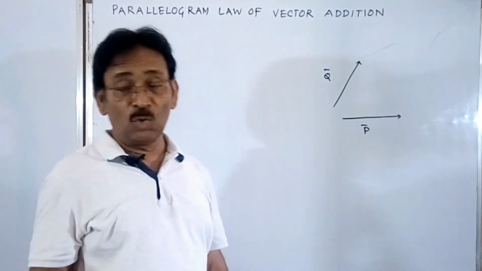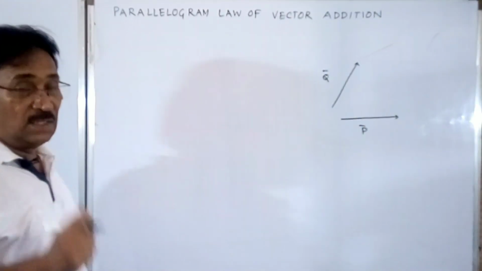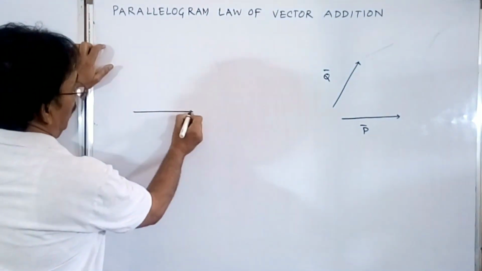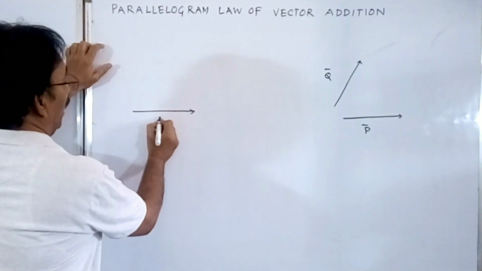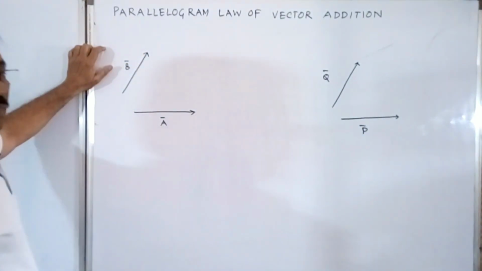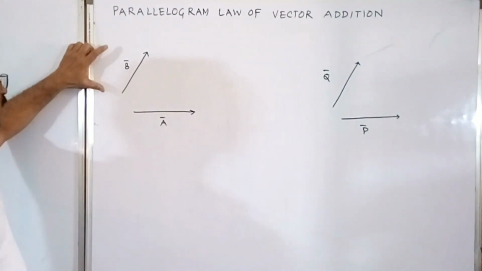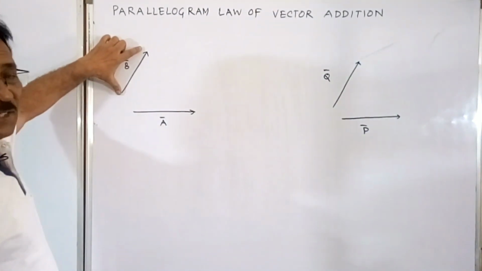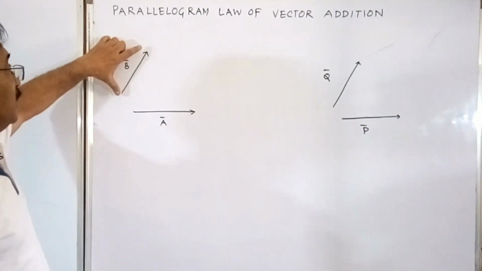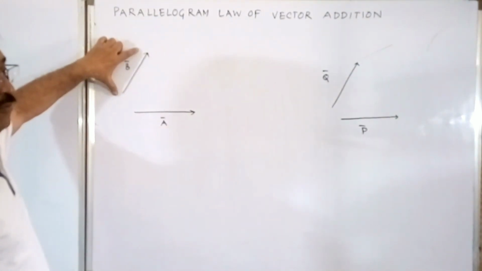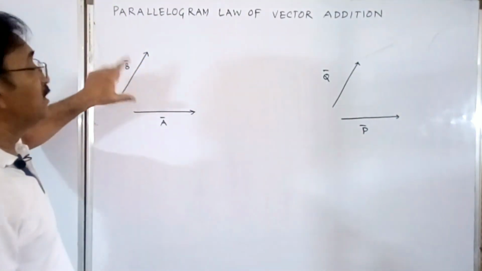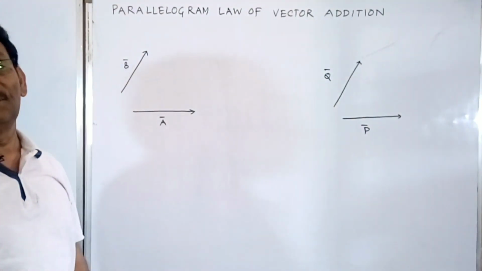Before adding that, we have to know a simple concept, that is the transpose of vectors. For example, say you have a vector A bar and one more vector B bar. What is the transposing of vectors? It's very simple. Changing the position of the vector from one place to another without changing its magnitude and direction is known as the transposing of the vector.